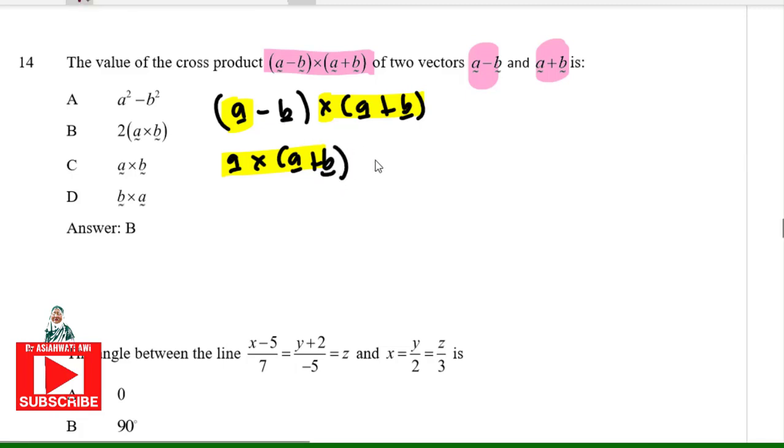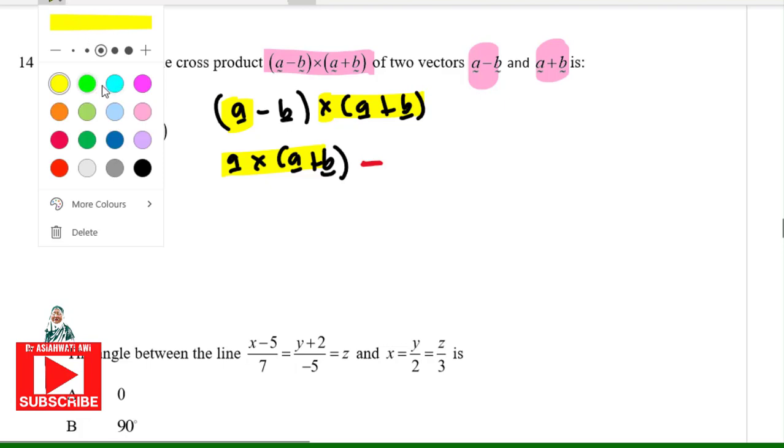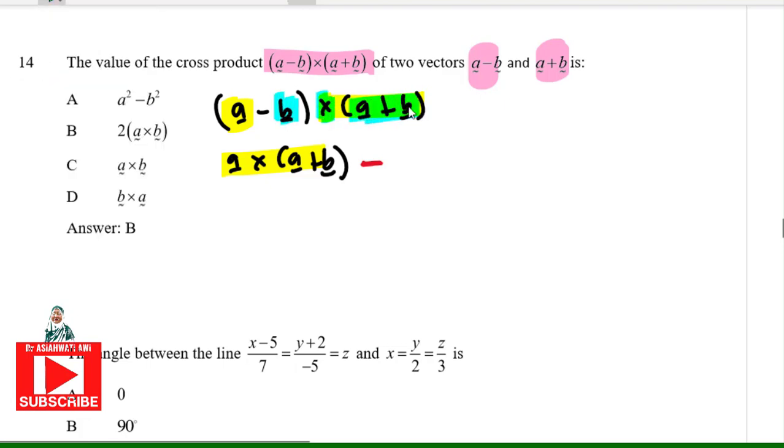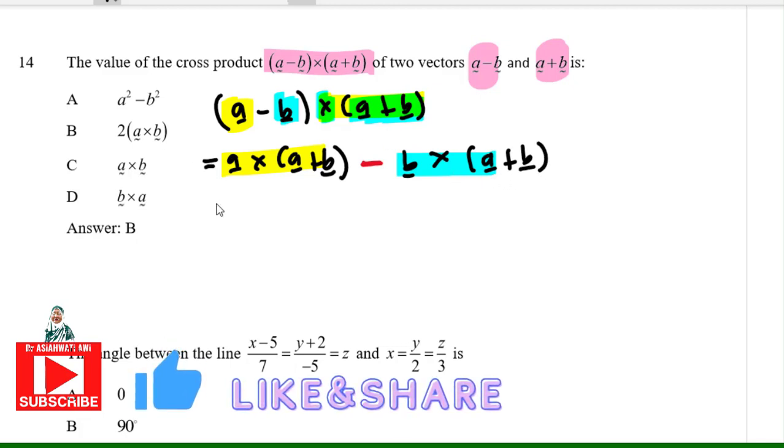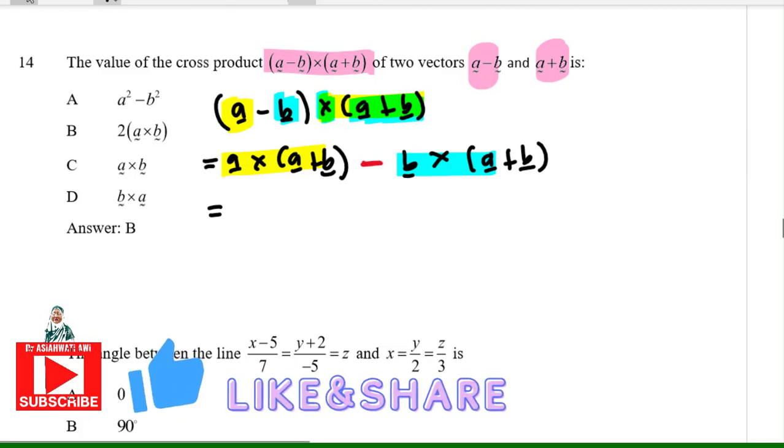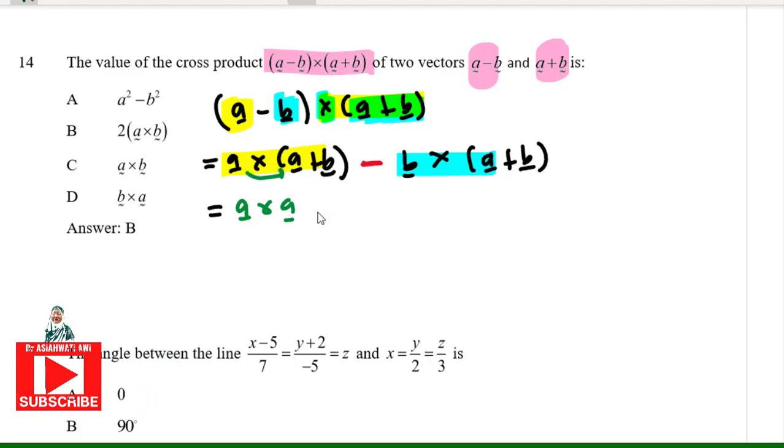Then this is minus b cross vector a plus vector b. For the first one, the next step is a cross a plus a cross b, minus b cross a, plus vector b cross vector b.